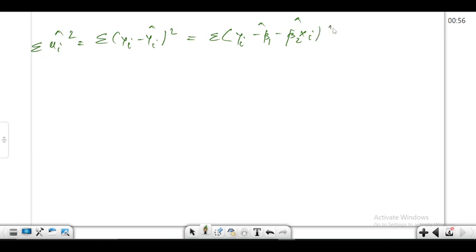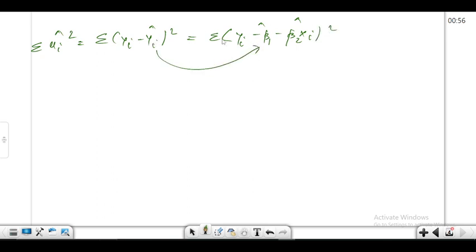So if I write summation ui hat square is equal to summation (yi minus yi hat) squared, which is equal to summation (yi minus beta 1 hat minus beta 2 hat xi) squared. So I can write yi hat as this term.